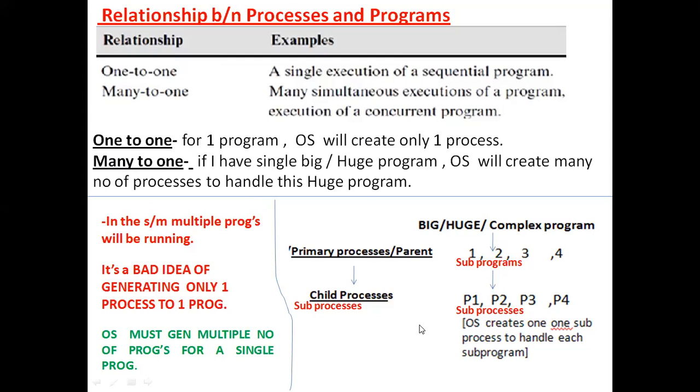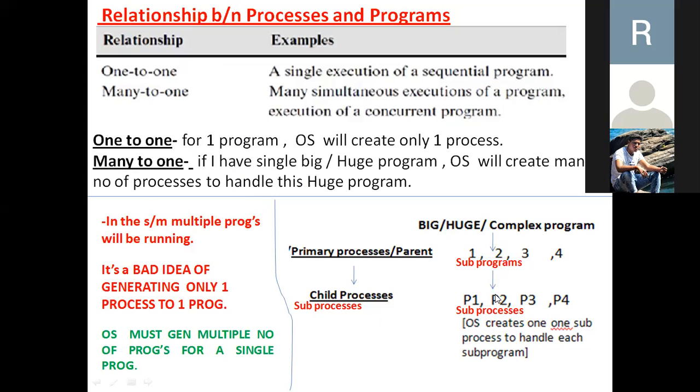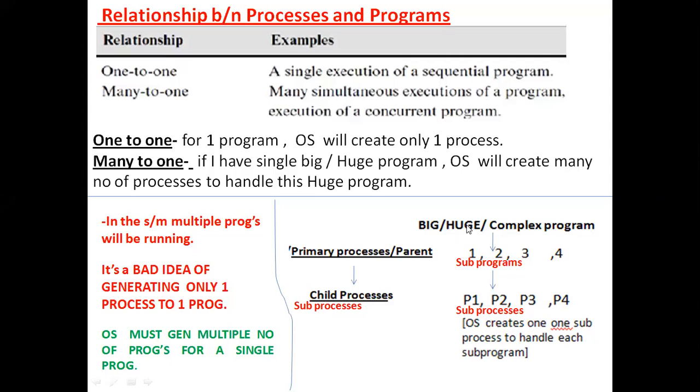The same information is given here using a simple flowchart. Here we have a big, huge, complex program. If I want to execute this complex program using a single process, that will take a lot of time.